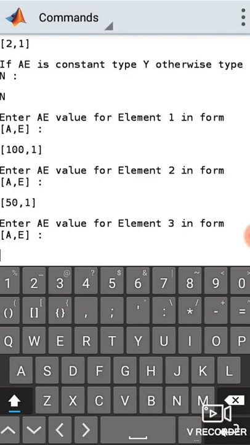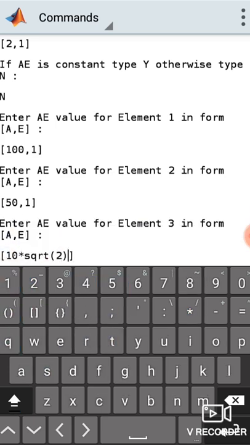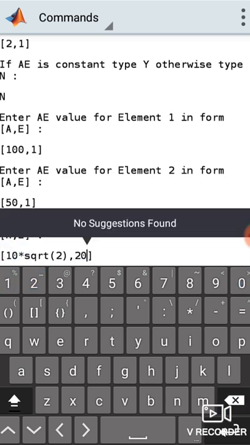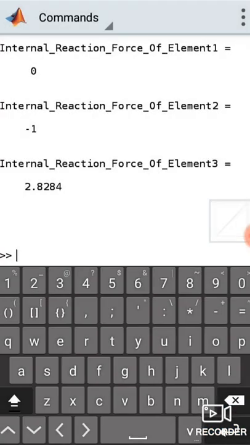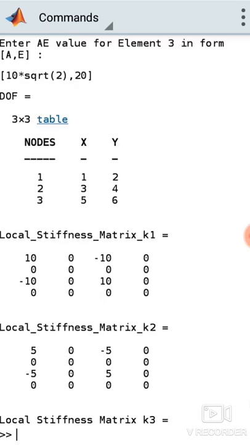Syntax is very important in MATLAB. If you get it right you get the answer, otherwise it shows an error. And the modulus of elasticity value is 20. Wow, it is giving me an output.